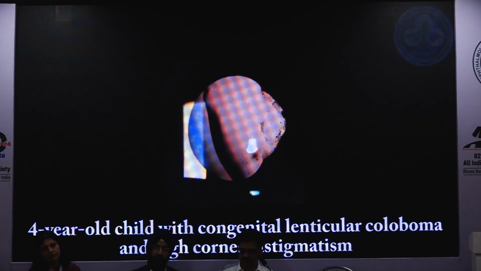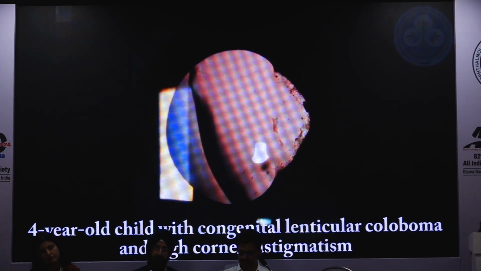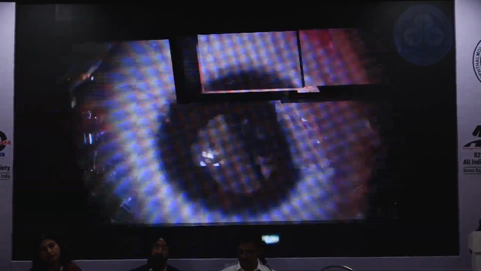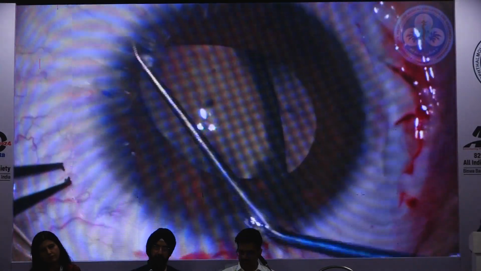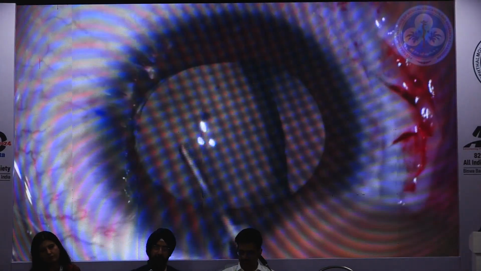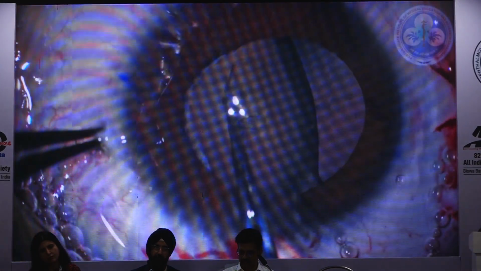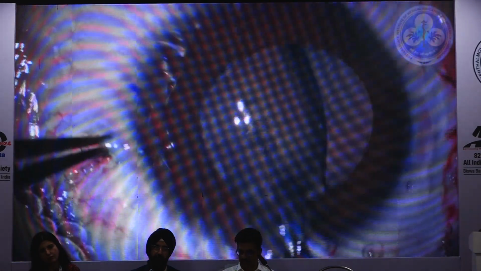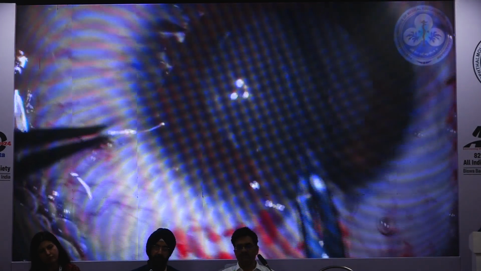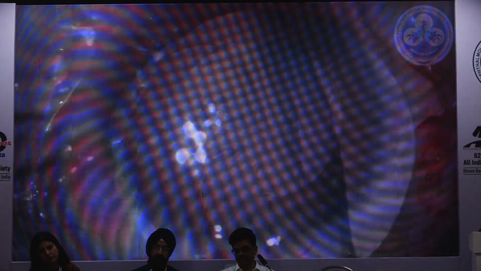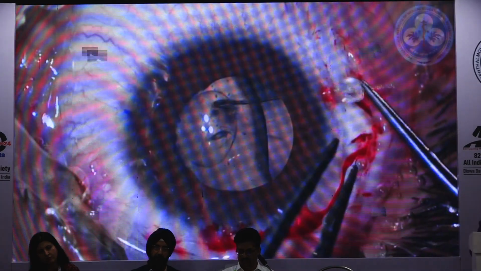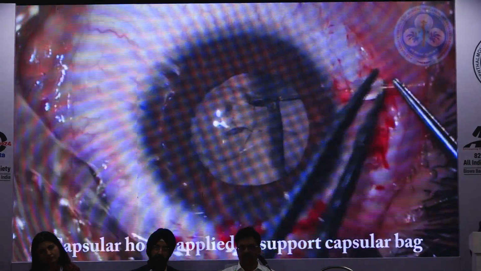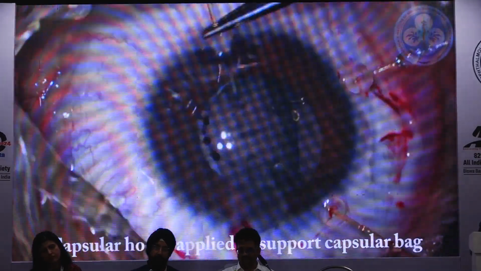Then come another case with lenticular coloboma with high corneal astigmatism. So here it is not issue of implantation of the IOL. Here there is another issue that we have to achieve centration of the IOL. I think which is best achieved by fixation of the capsular bag.